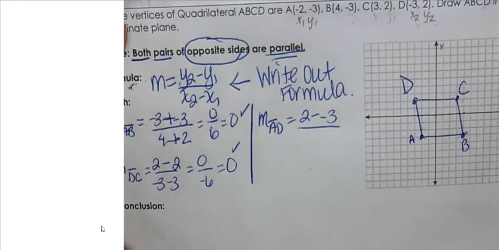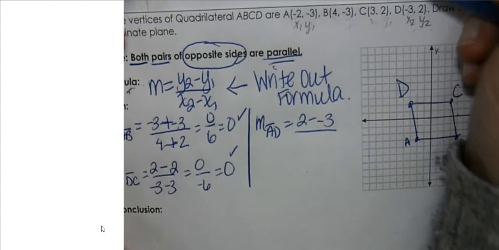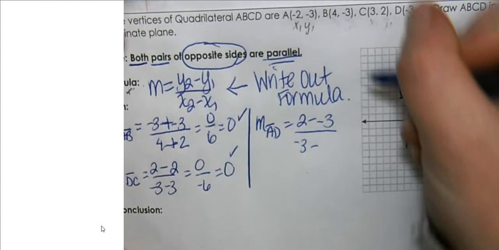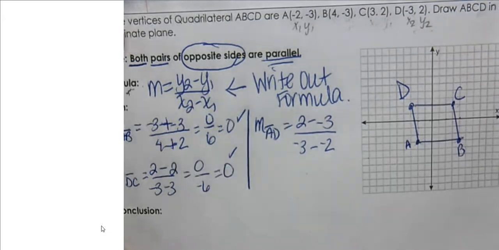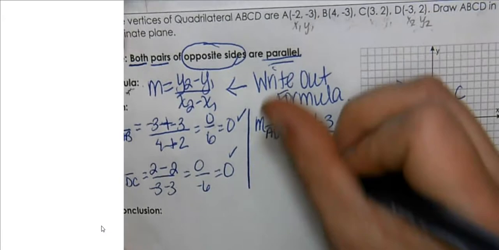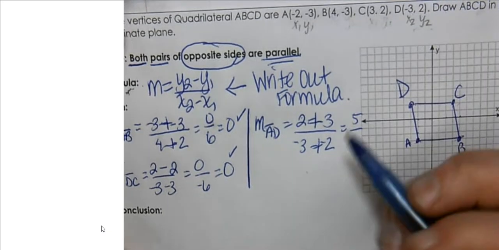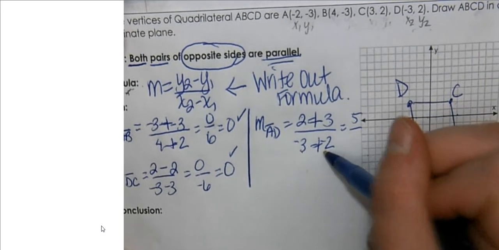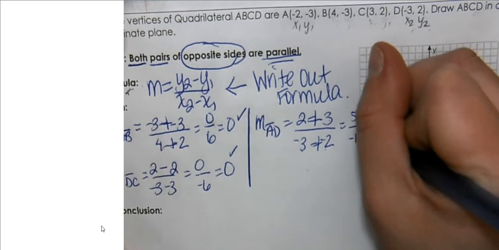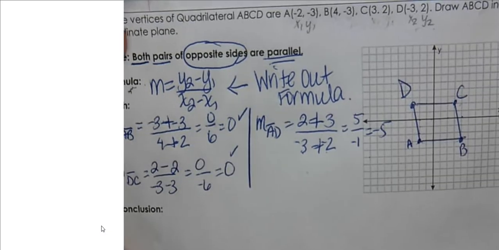Be careful with your signs. All over x2, which is -3, minus x1, which is -2. Negative, negative makes a positive, so I am left with 2 plus 3, which is 5, over -3 plus 2, which is -1. So my slope is -5.